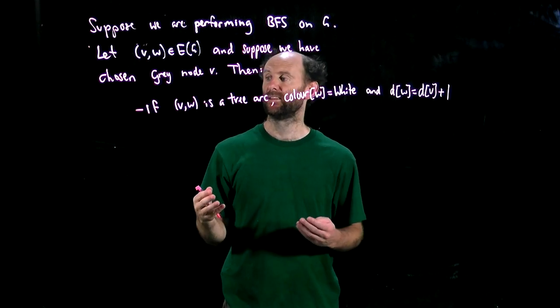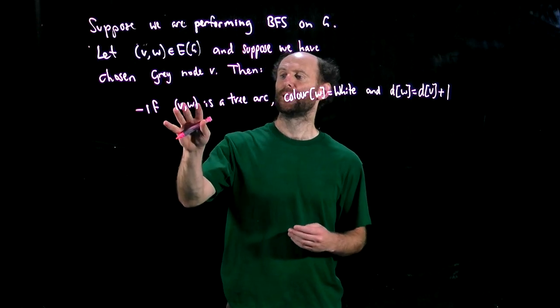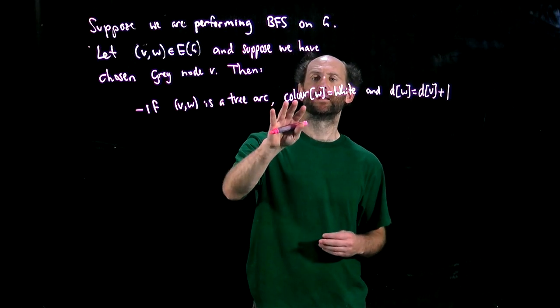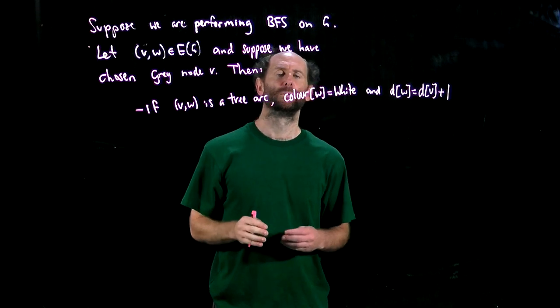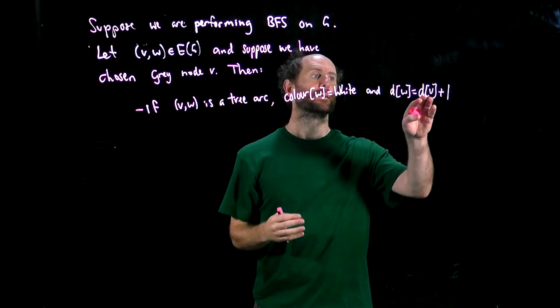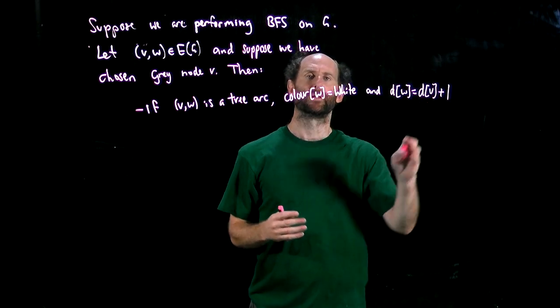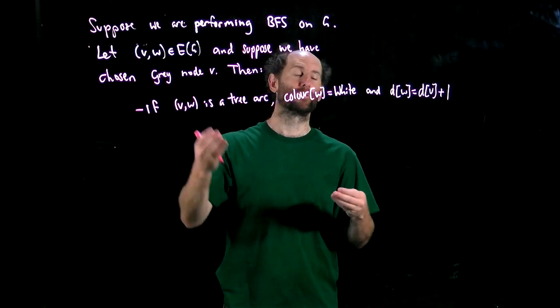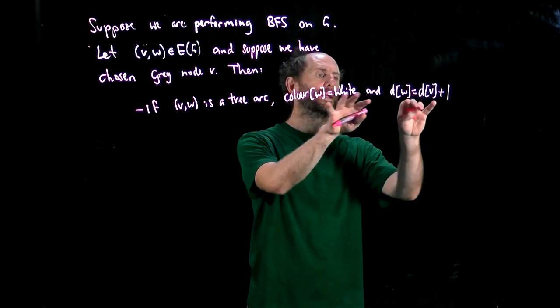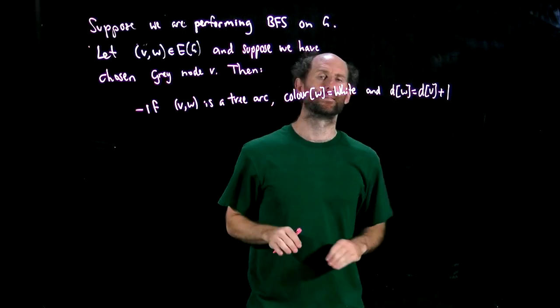Let's start with the easiest one first. If VW is a tree arc, then the colour of W will be white, and the depth of W will just be the depth of V plus 1.